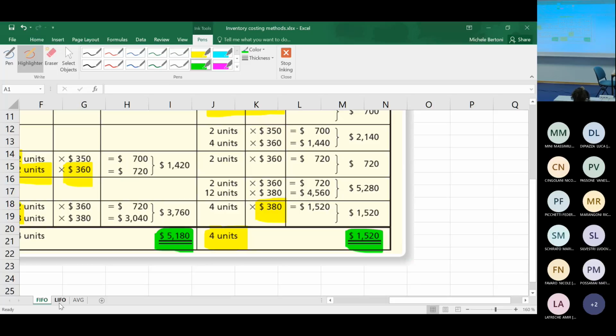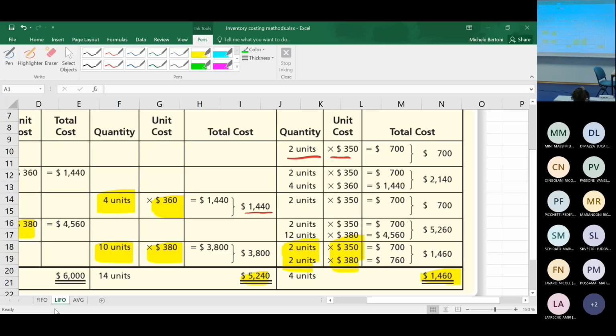Under LIFO, the cost of goods sold was 5,240, so it was greater, but the value of the inventory was smaller. Why? Because since prices are increasing, that's the assumption, otherwise it doesn't work. If prices are increasing, LIFO will generate a lower value of the inventory than FIFO, but a greater value of the cost of goods sold.